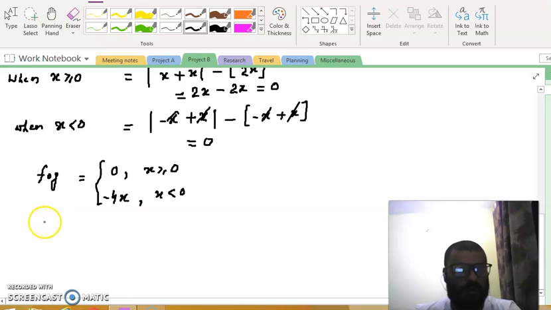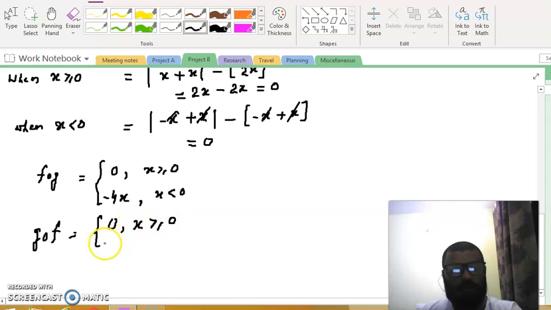And for the graph, g of f comes out to be 0 in both the cases, both when x is greater than or equal to 0 and when x is less than 0.